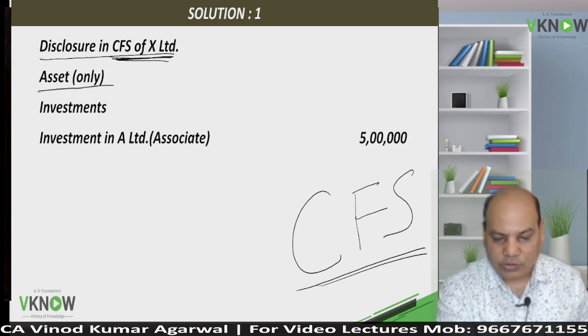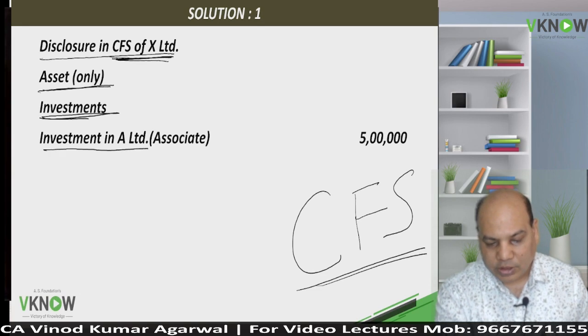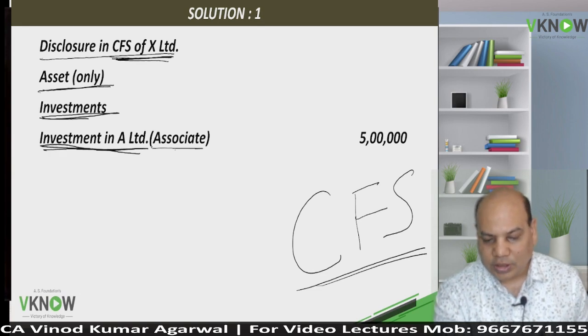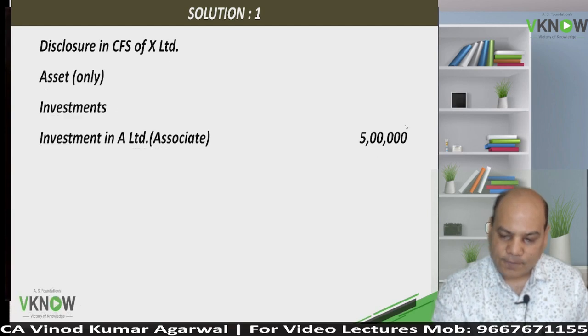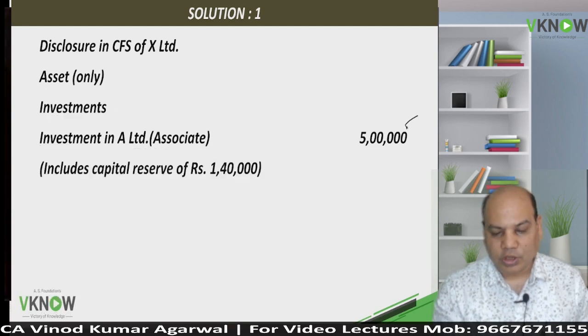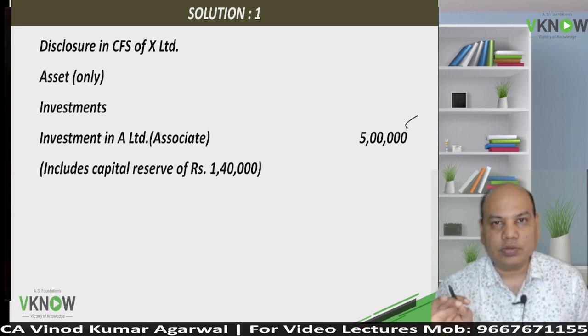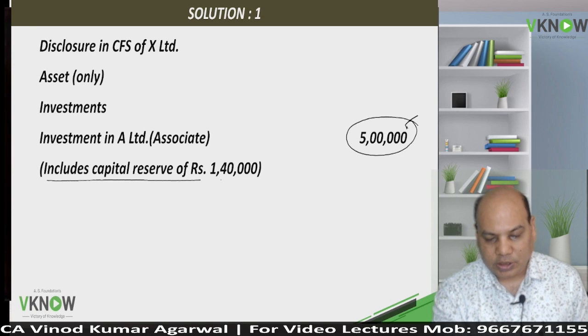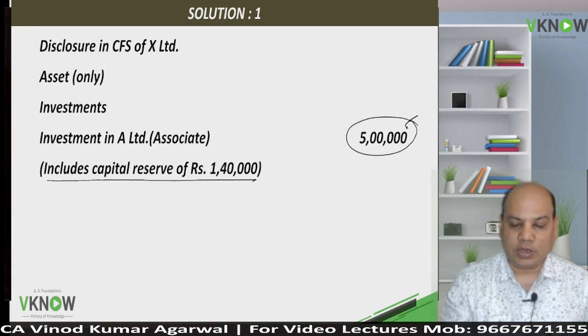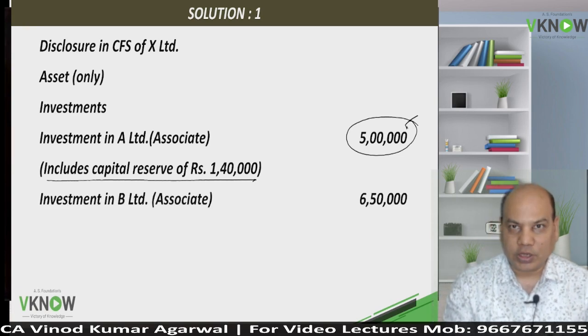So the disclosure is on the asset side, investment in A. Who is A? Your associate. How much is the cost? 5 lakh. But you have to write a note. It will include goodwill or capital reserve, but it will be disclosed separately. Includes capital reserve of rupees 1,40,000.